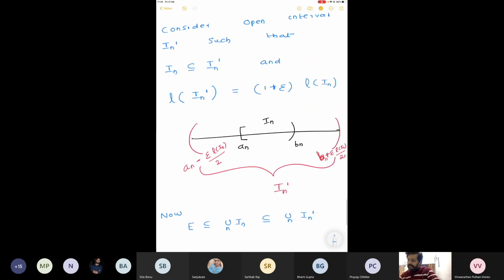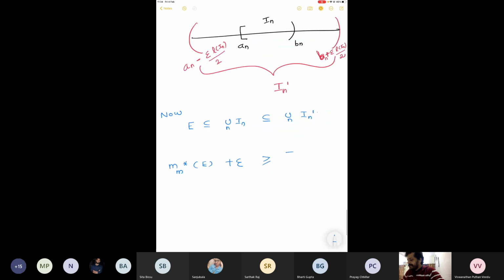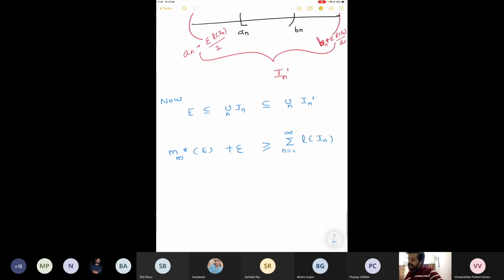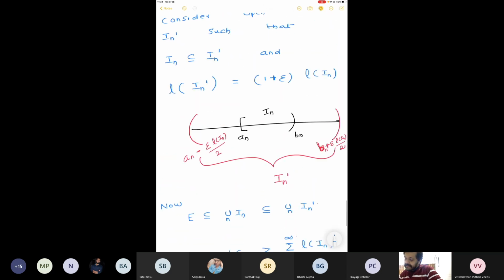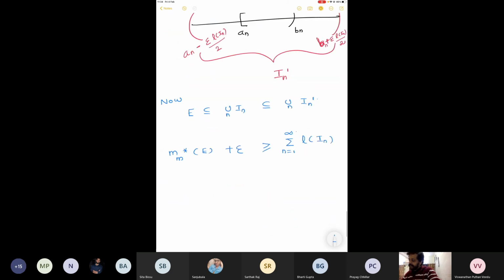You know that m star of E plus epsilon is greater than or equal to the summation of the length of I_n, by applying the infimum, we selected I_n like that. And I_n is contained in I_n'. And the length of I_n is 1 by (1 plus epsilon) times the length of I_n'.